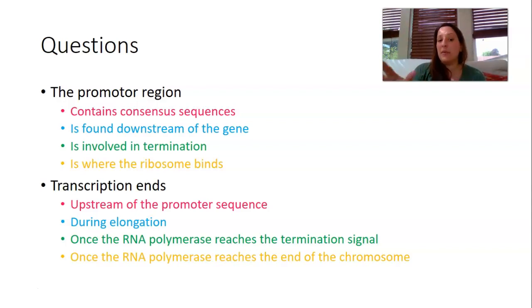What is the same is that both prokaryotes and eukaryotes contain the TATA box, remember that sequence of thymines and adenines at that -10 spot, so 10 bases before that initiation, that start site, that +1 site. In prokaryotes, remember there's also that -35 site where there's another sequence there. Remember, consensus sequences, again, are going to be similar between different organisms. So that's where we find that promoter region.